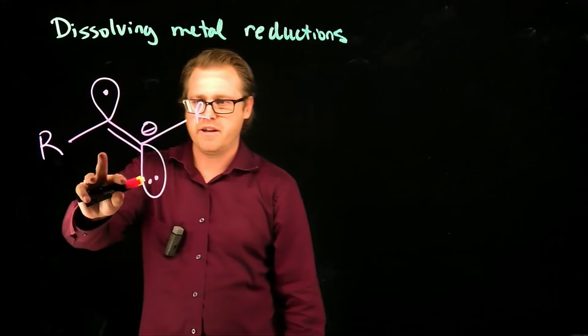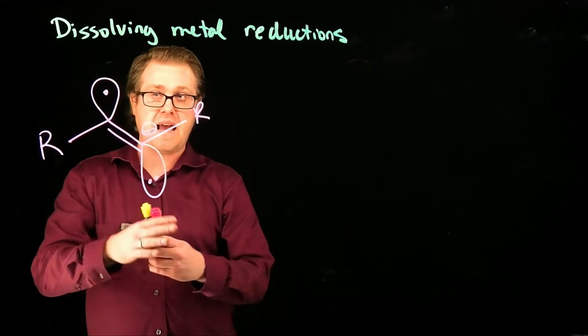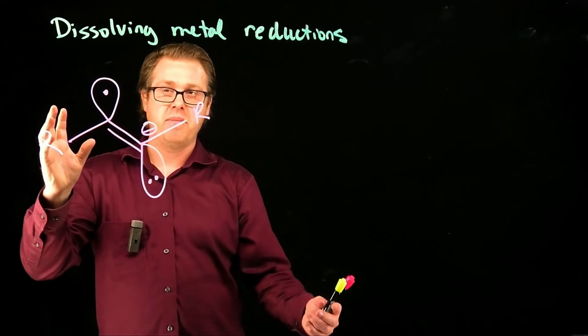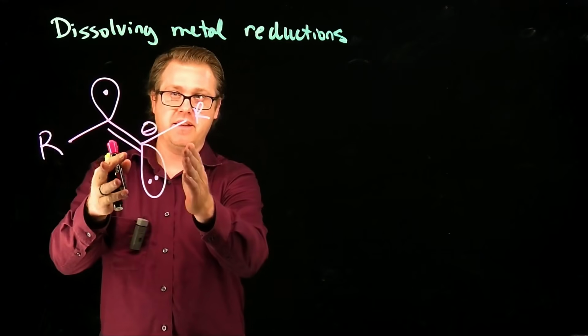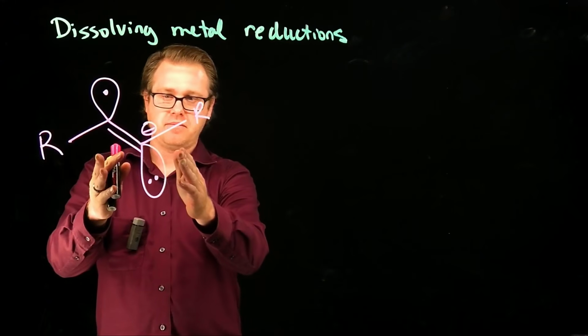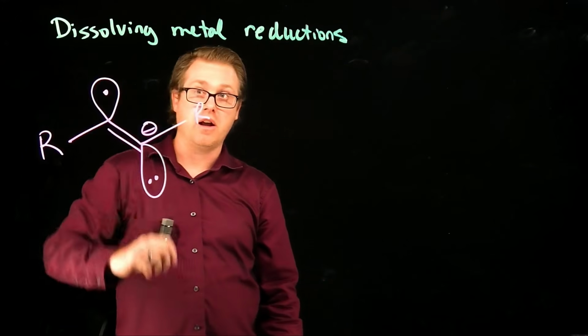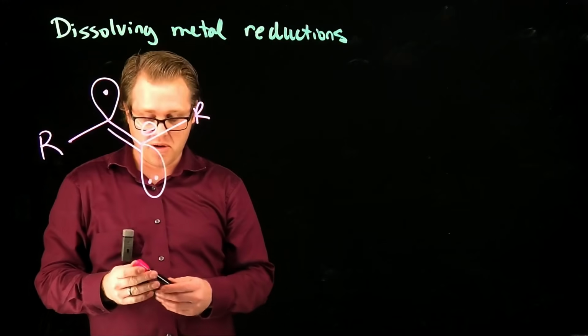So let's take a look at this intermediate first. This is after you have the alkyne, and the sodium metal donates an electron, and you get this species right here. And you can see that these orbitals are on opposite sides of that double bond.